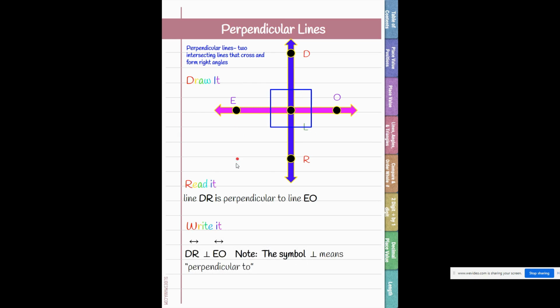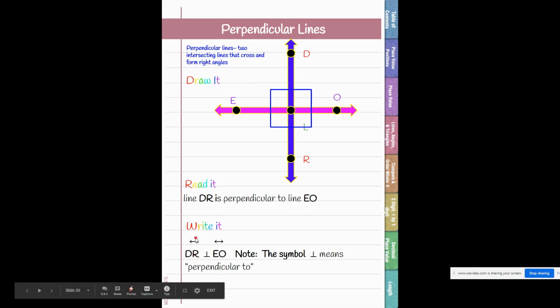So the way we read it, we say line DR is perpendicular to line EO, and when we write it, we put the line symbol and then the letters DR, the symbol for perpendicular, to line EO.